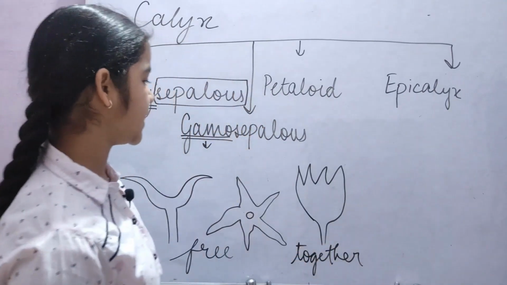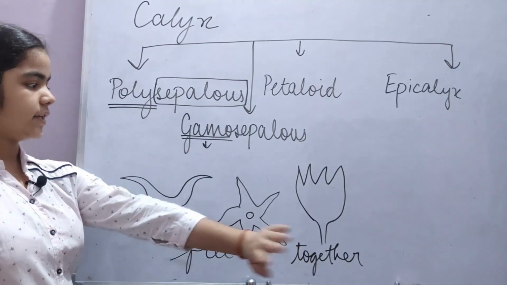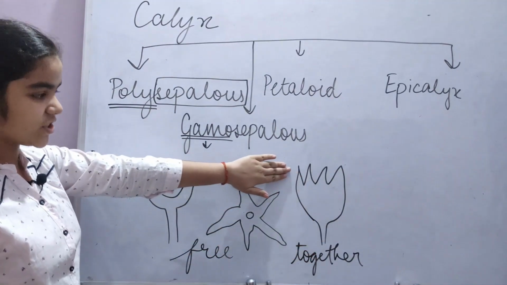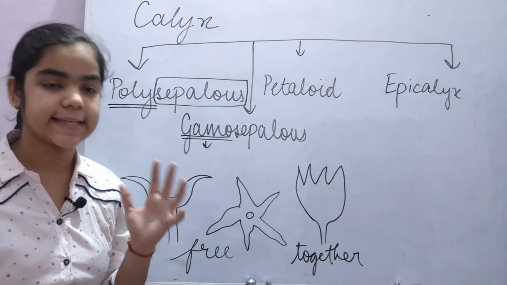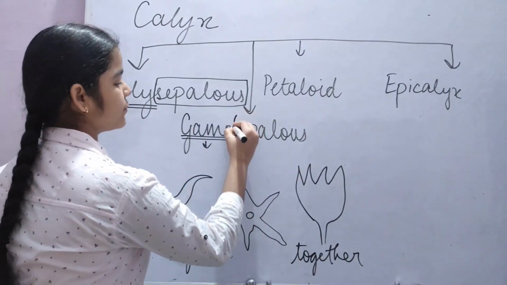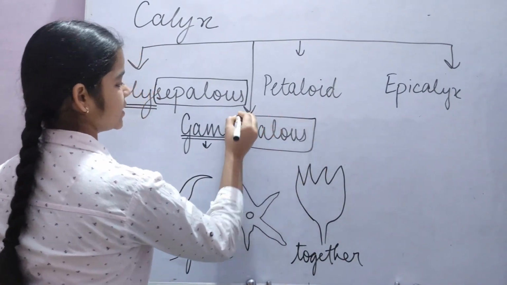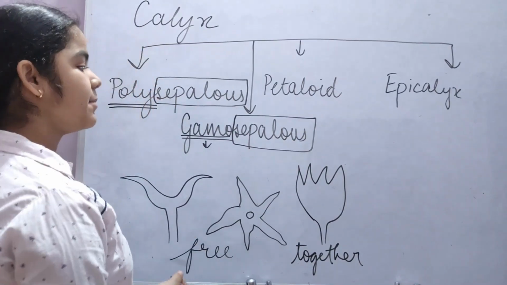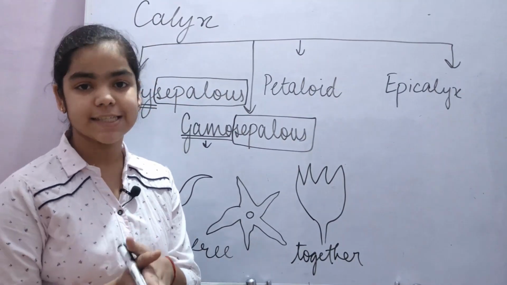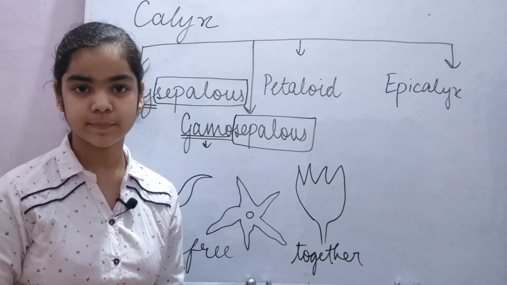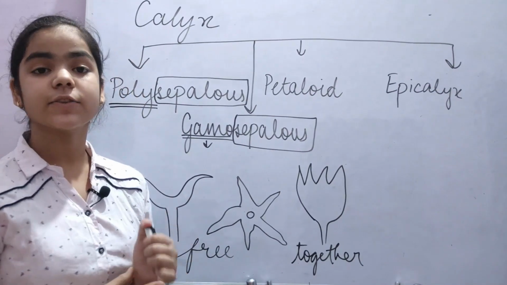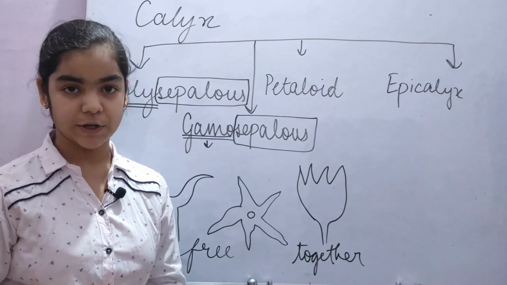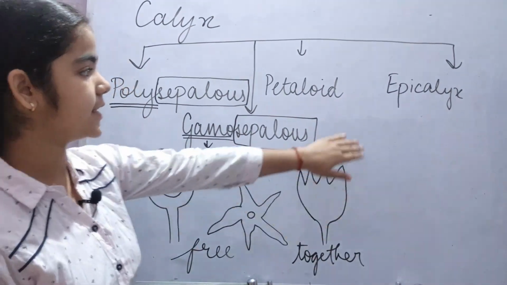So whenever you see a condition where the sepals are united, that is called gamosepalous. Again, gamo for united and sepalous is used for sepal. In some flowers, there may be a condition when the sepals are colored. Now this condition is called petaloid. Let's see the last condition.